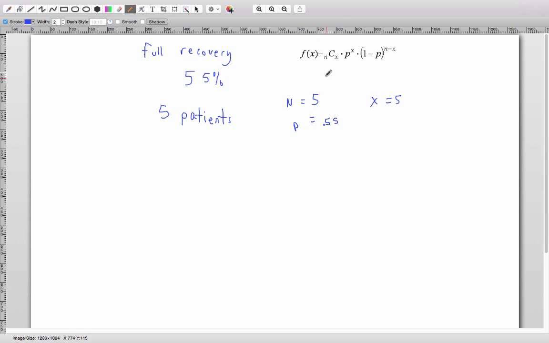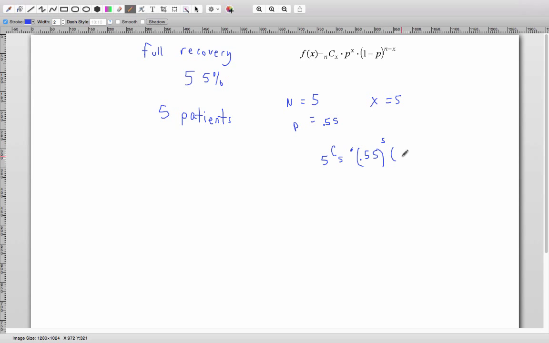And basically the way you do that, you can plug in this formula. That's going to be 5 choose 5, which you'll figure out is 1 in your calculator, times p to the x, which is 0.55 to the 5th power.